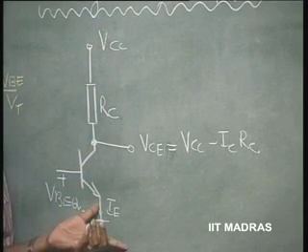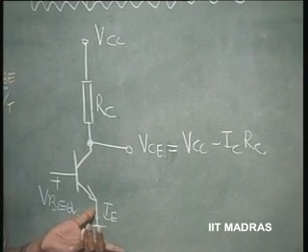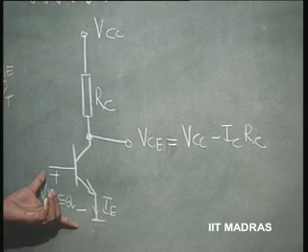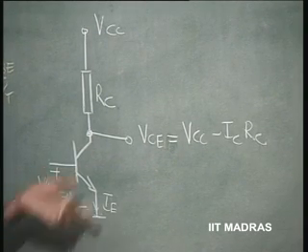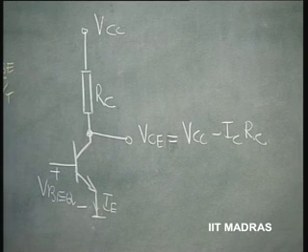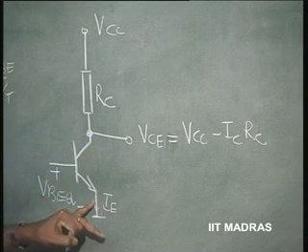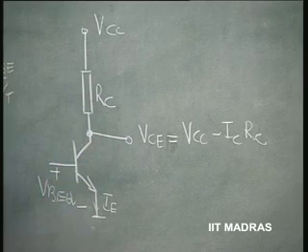That means it cannot work at any current greater than 2 milliamperes. If you are putting a VBEQ which is greater than that which can cause a current of 2 milliamperes, the transistor will automatically go to saturation, because it cannot satisfy the transistor equation which says IC should be equal to alpha times IE. This is not valid.